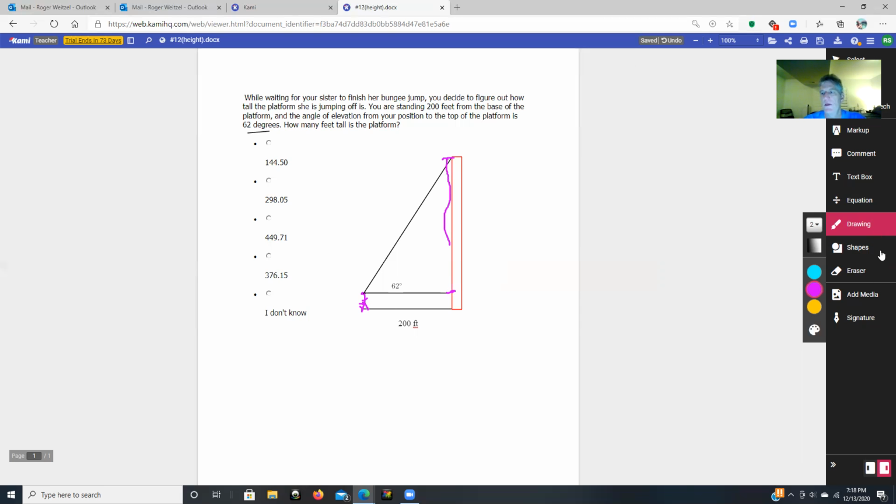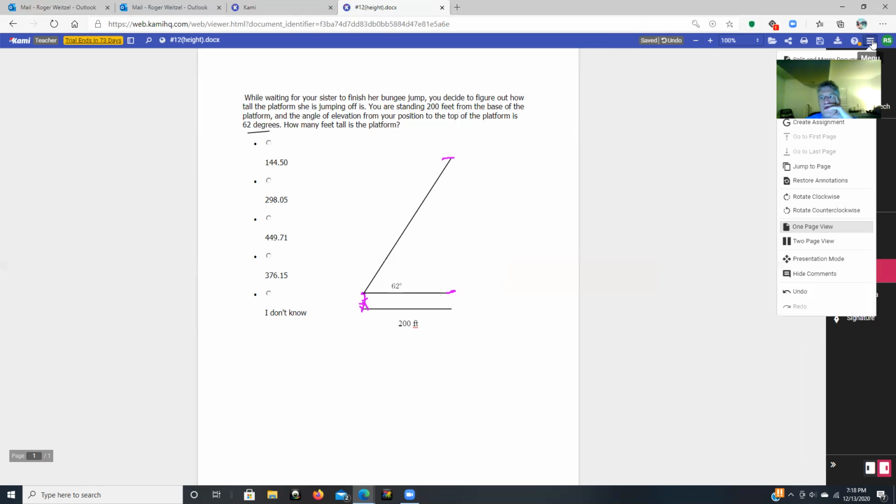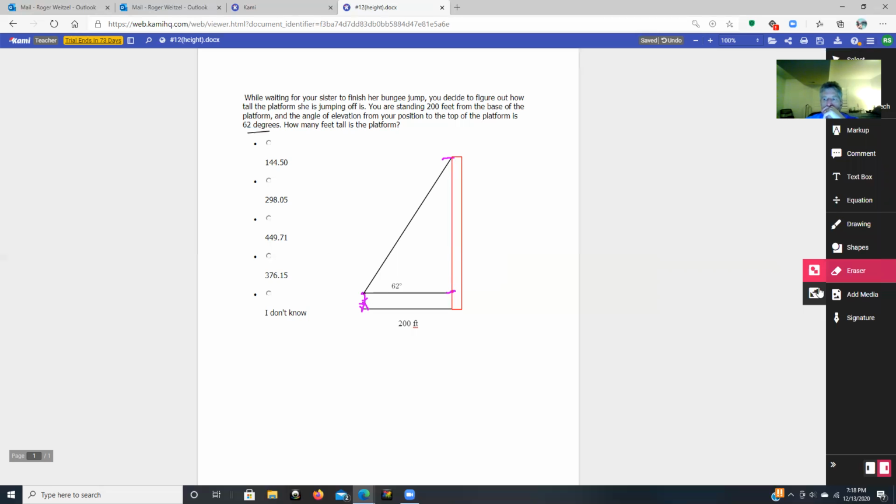Whew, that's a terrible line. So we want to know this height.